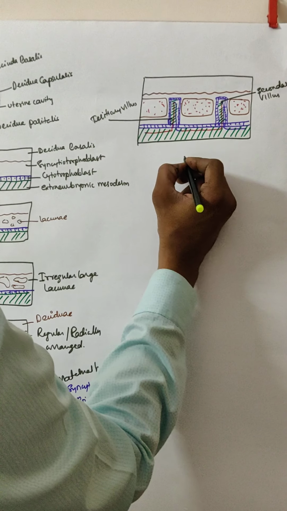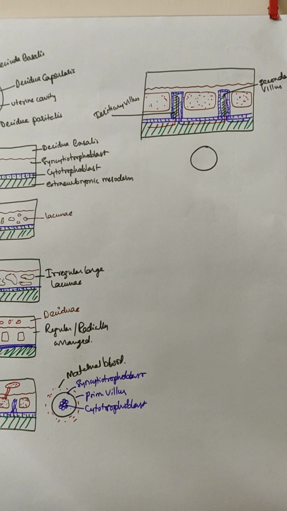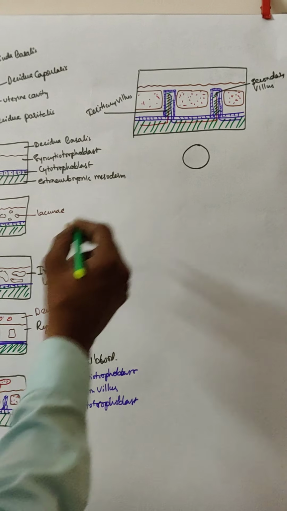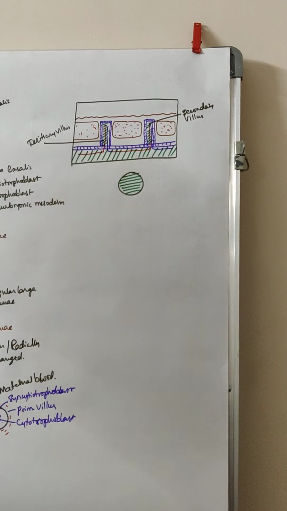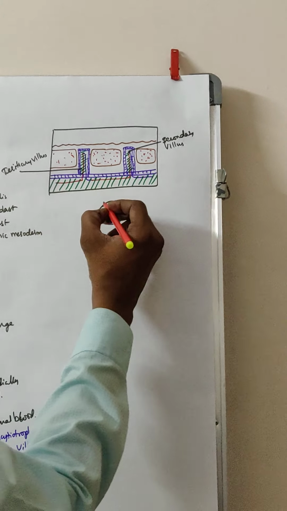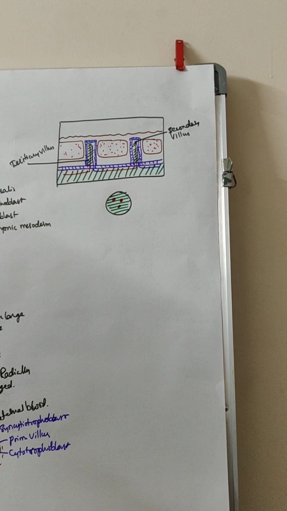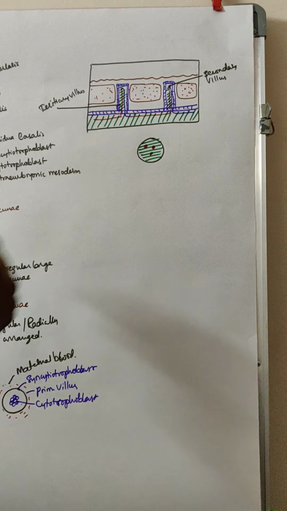If I have to show you the tertiary villus in cross section, how it looks: the innermost part contains the mesenchyme. Within this mesenchyme, we also see the fetal blood vessels, which I will label with red color. This is the fetal blood vessels. Okay, and also you will see the cytotrophoblast layer.